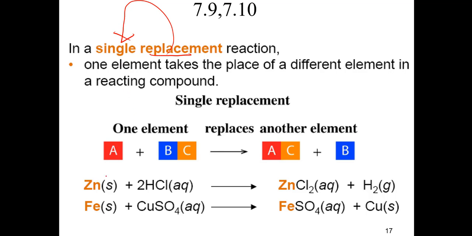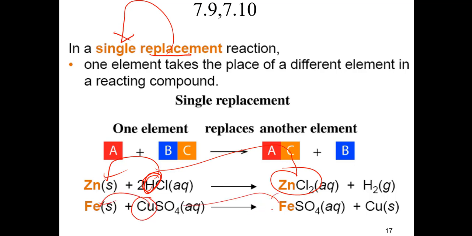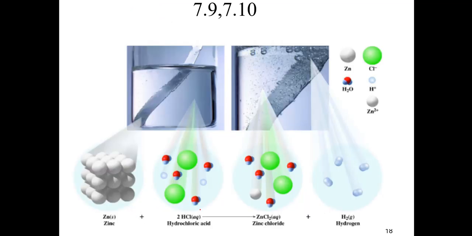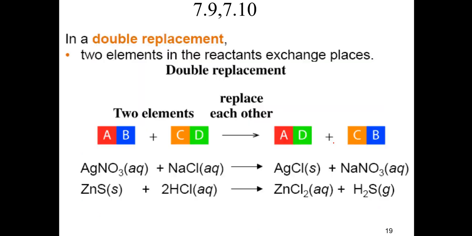So in this case, I'm going to go ahead and replace the hydrogen with a zinc, forming a zinc chloride. Replace a copper with an iron, forming iron sulfate. So single replacement. So here's an example of a single replacement. We add in zinc and hydrochloric acid, and the zinc replaces the hydrogen, forming zinc chloride. And then this is combustible hydrogen gas.